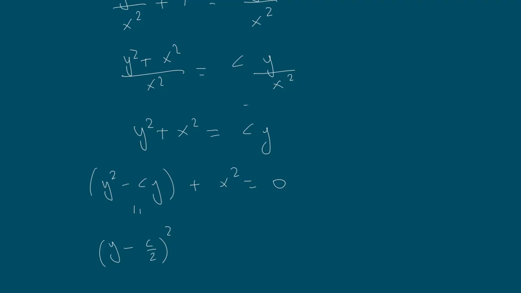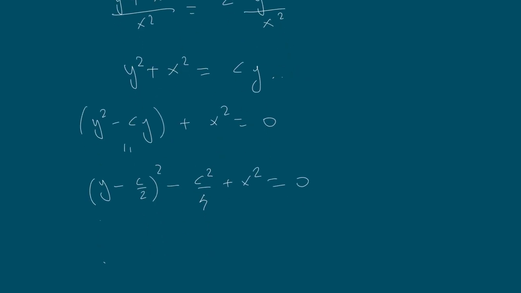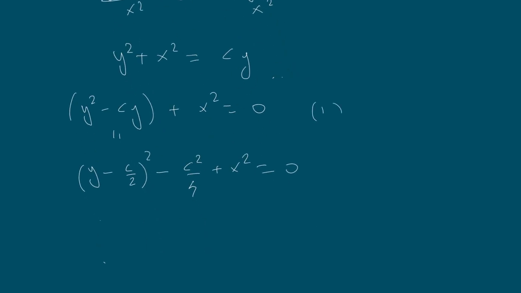So now y squared and minus 2 times c over 2 times y will appear, and c squared divided by 4 will appear. So I subtract c squared divided by 4, plus x squared equals 0, and this equation 1 and this equation 2 are the same.